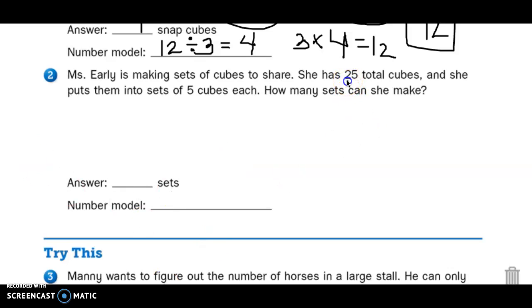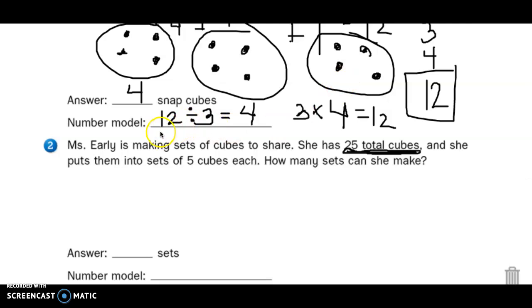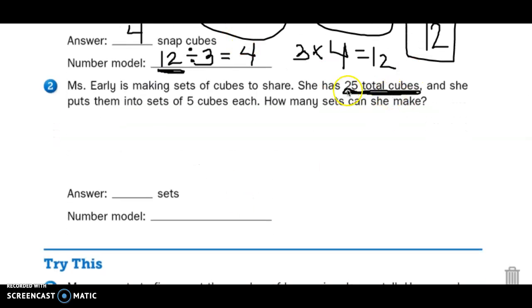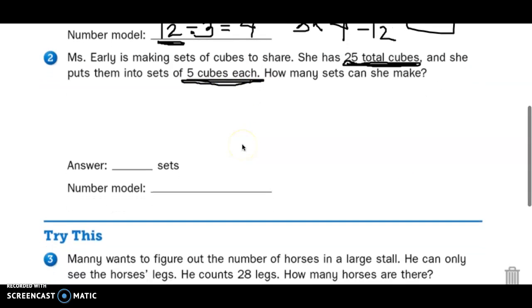Okay, I know I have 25 total, so the total is going to be my largest number. Remember, our largest number always goes first when we're dividing. That means each set has 5 cubes. How many sets can she make?